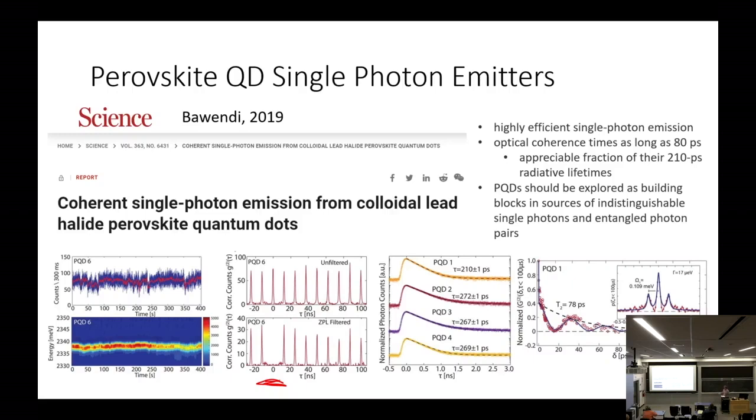Okay, so single photon emitters are really important for optical quantum computing. And the thing that colloidal quantum dots have as an advantage over traditional quantum dots, so the epitaxial quantum dots are also widely used in these optical quantum computers. But the thing is, for optical quantum computing, you need to be able to put your quantum dot into a cavity, and you need one quantum dot in every cavity.